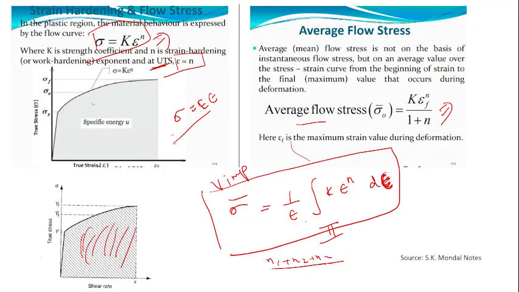So inside the integral, the epsilon is instantaneous. We are taking the average only. This is the flow stress.